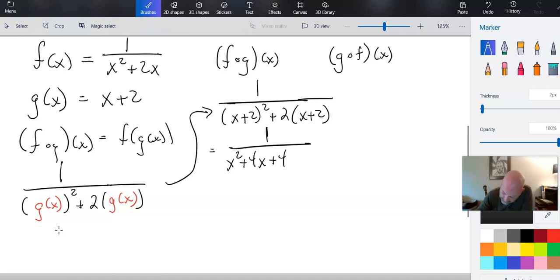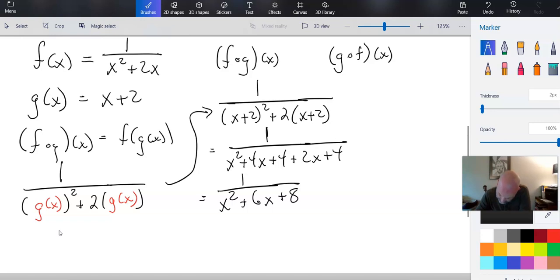And then we'll distribute this one out. So that's plus 2x plus 4. And if we go ahead and collect our like terms, I get 1 over x squared plus 6x plus 8. Right? And so there's our simplification.